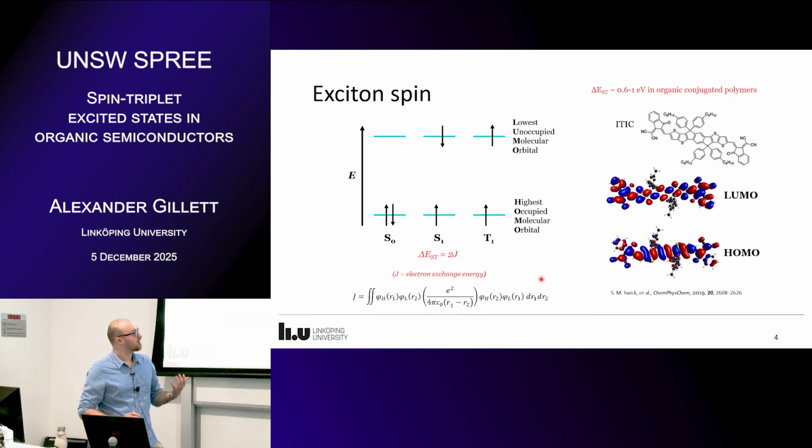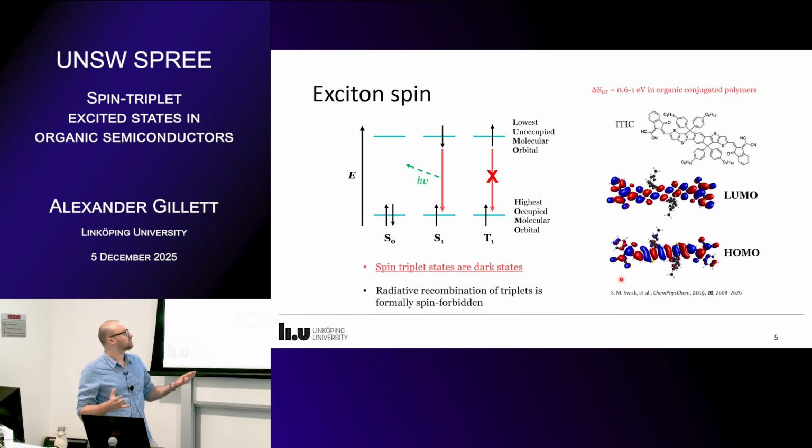This can be quite large in molecules which have quite significant overlap of your electron and hole wave functions, shown here by the HOMO and LUMO. What this means is that in organic materials, it depends on the compound, of course, but you're typically looking at an energy gap between the singlet and triplet states of at least half an eV, maybe a bit bigger. And this has some quite significant consequences for how your optoelectronic devices work.